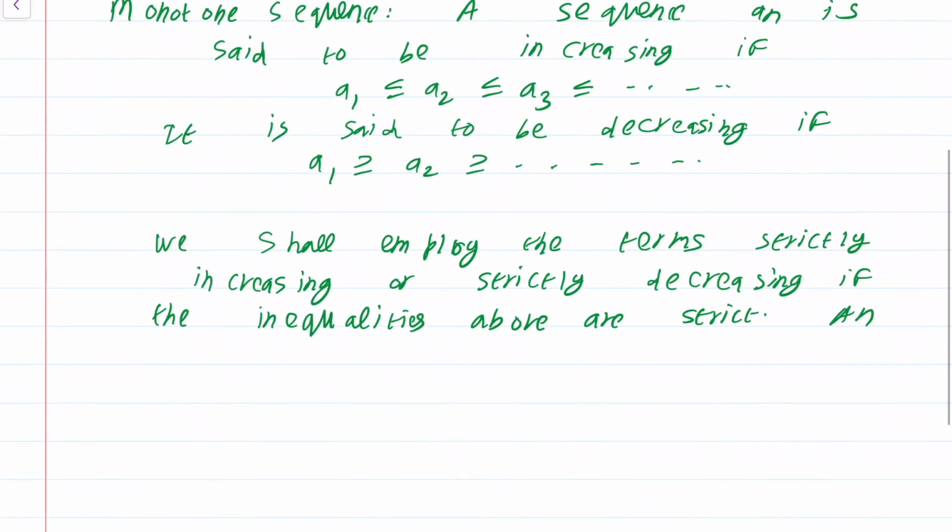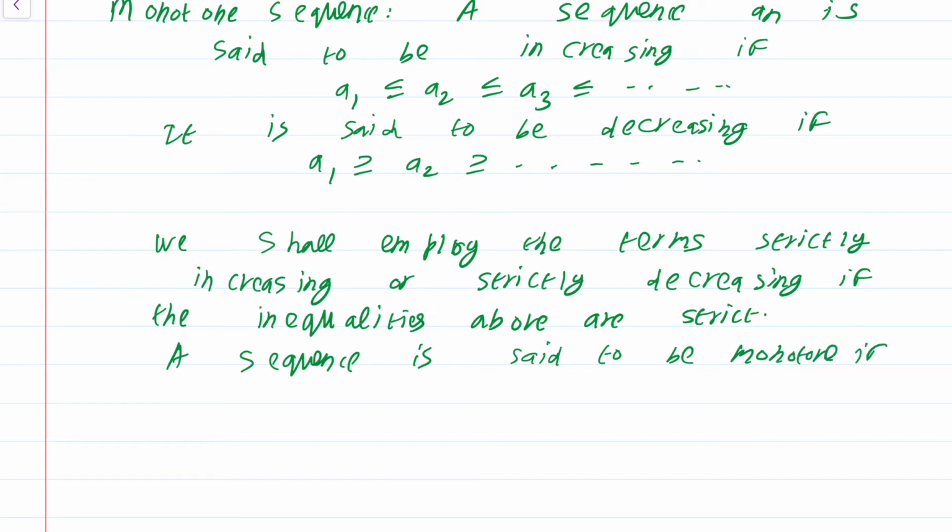A better way to state it is, a sequence is said to be monotone if it is either increasing or decreasing.